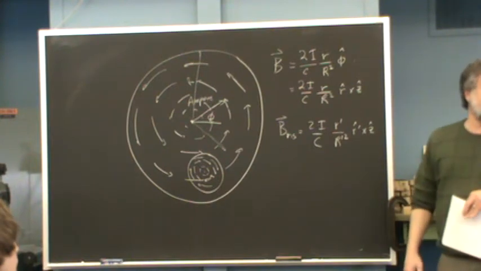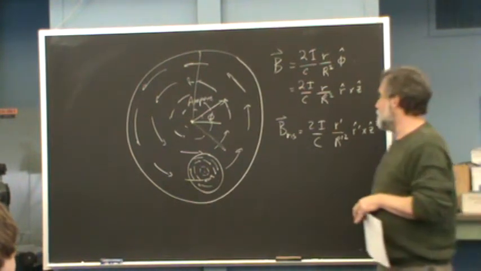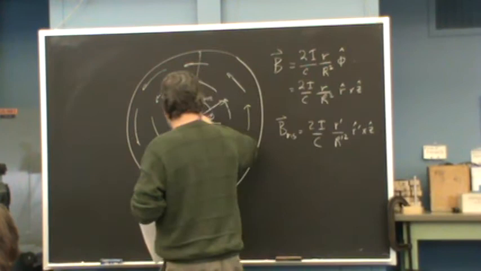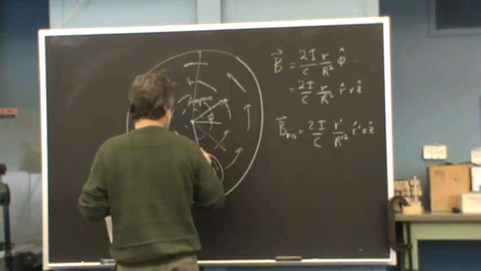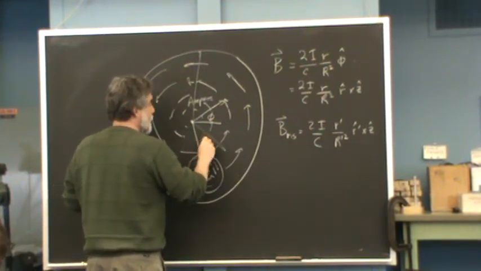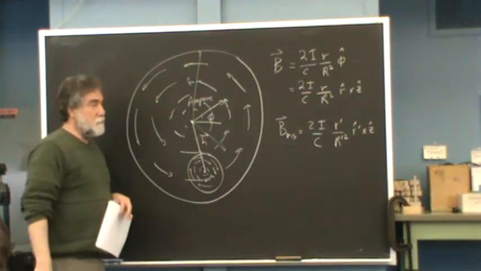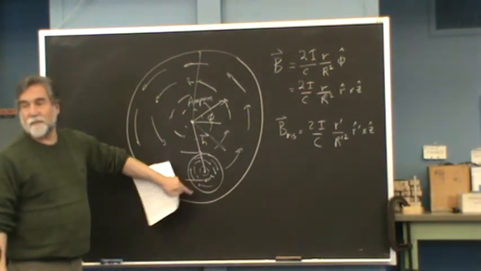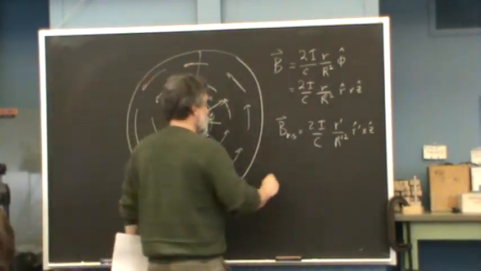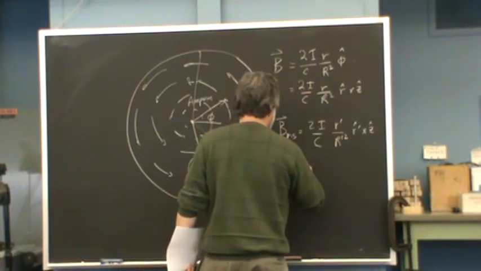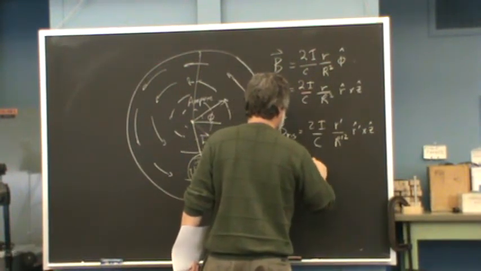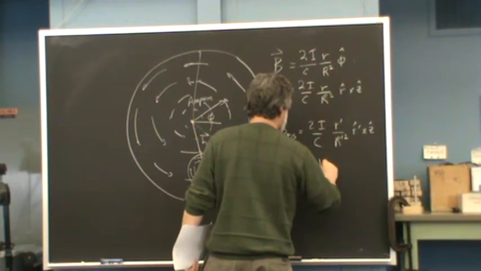And I'll give you one more thing. If this is the vector from here to here, let's call that vector h, there to the center of that one, then r prime is equal to r minus h.